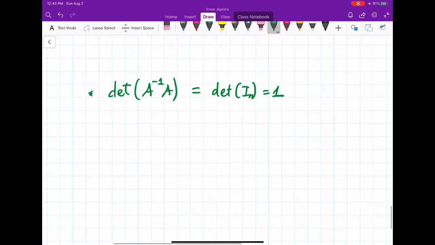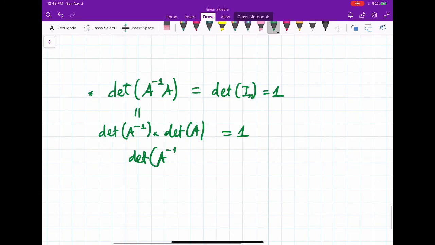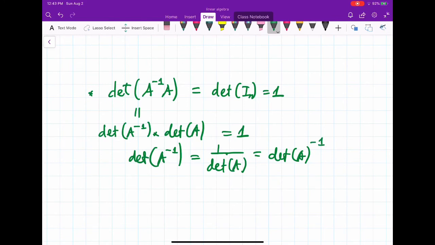At the same time, you might apply that the determinant of a product is equal to the product of determinants. And that is 1. So from here you can see the determinant of A to -1, the determinant of the inverse, is equal to 1 over the determinant of A. And I can write this as the determinant of A to the power -1. The determinant of the inverse is equal to the inverse of the determinant.